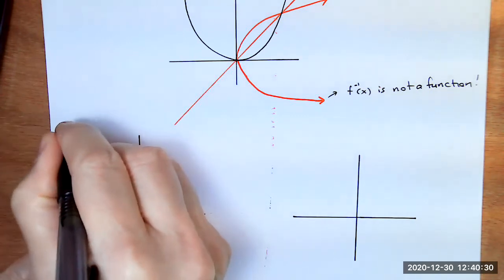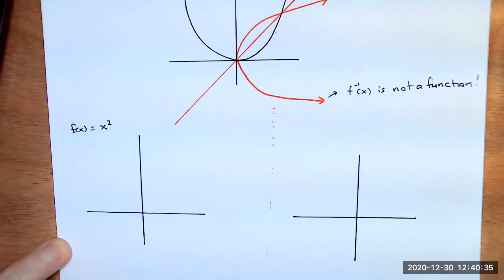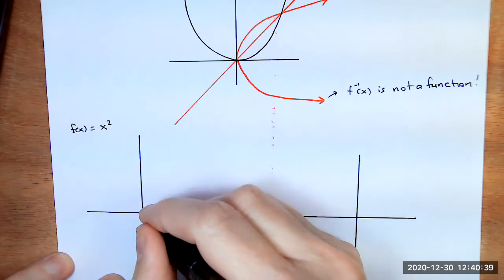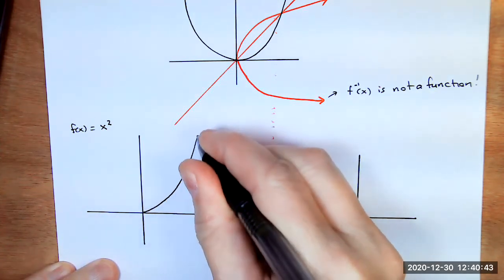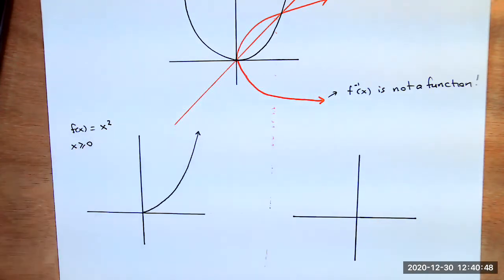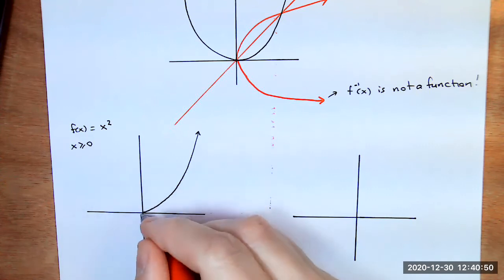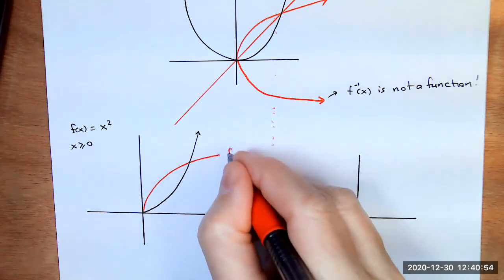So in order for f of x equals x squared to have an inverse, you would have to restrict the domain. So if we just took the part of the graph where x is greater than or equal to 0 and found the inverse, then the inverse is a function.